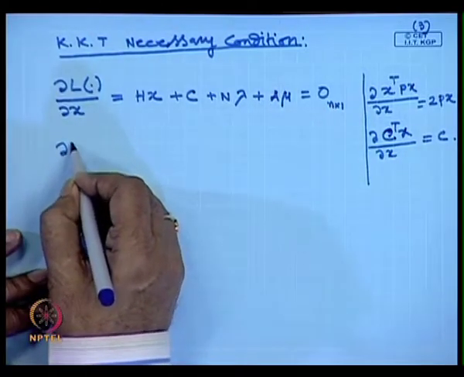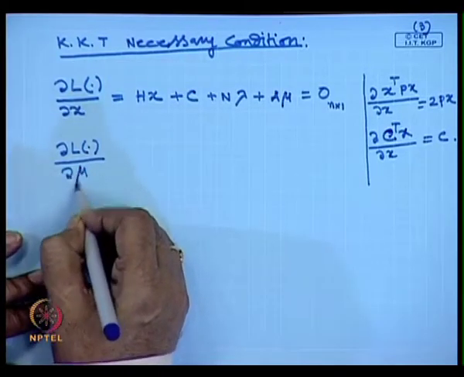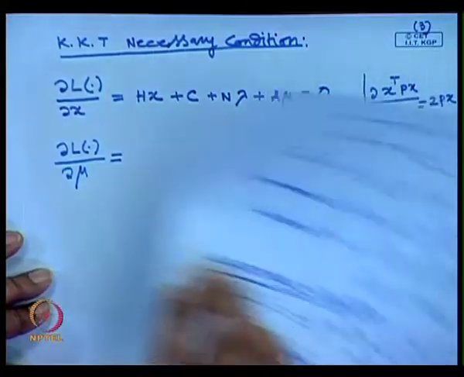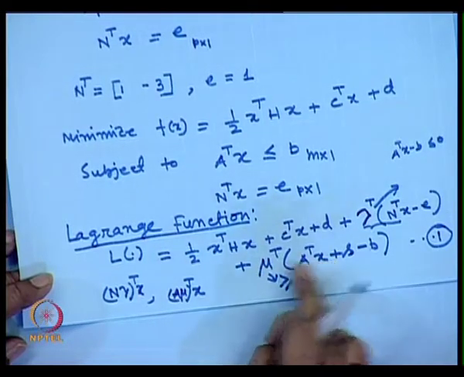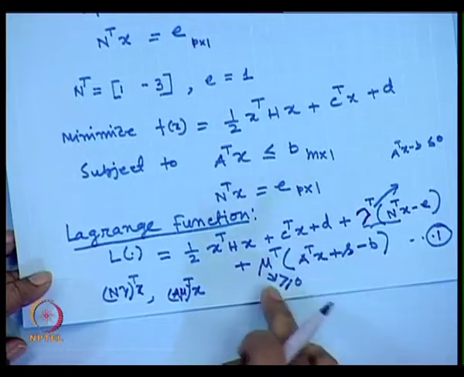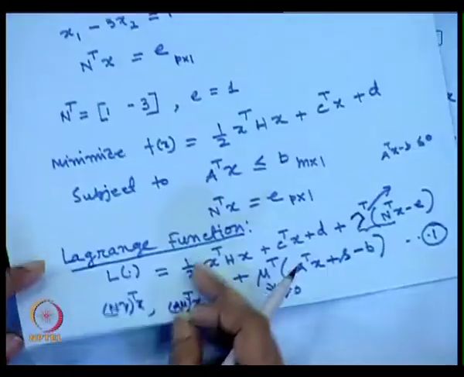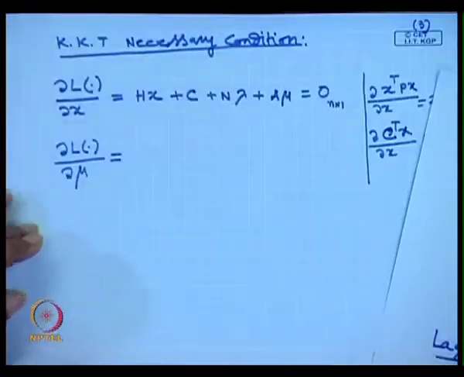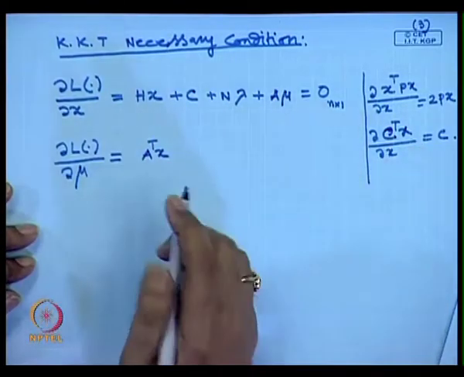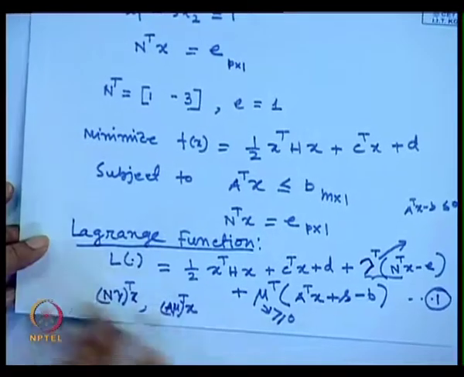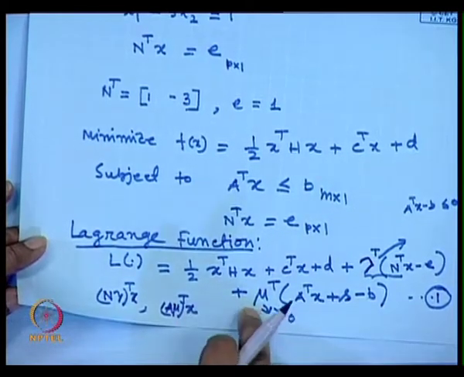Next, the KKT necessary condition: differentiate with respect to mu and set it to 0. The mu term is involved only in this term. Mu is a vector and the whole quantity is a scalar, so it will come as A transpose x plus s minus b equal to 0, because you are differentiating with respect to mu.